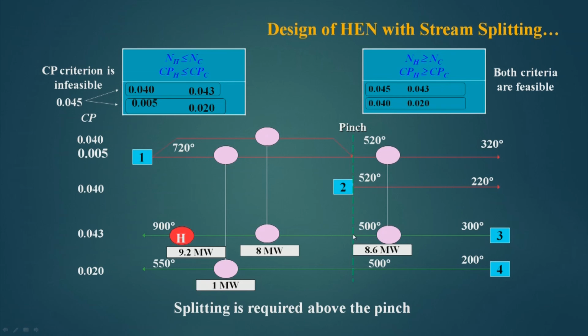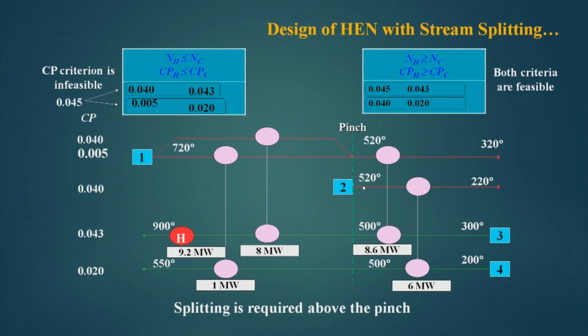And what is the requirement of this? 500 minus 300 into 0.043, this is 8.6 megawatt. So, this stream number 3 requires 8.6 megawatt, and it can give more. So, it has passed 8.6 megawatt to here and this has been ticked off.